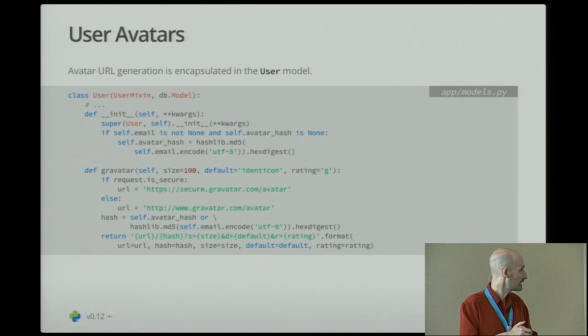And note that I check if the request is secure. That's one thing that the request object from Flask tells me. So if I'm viewing this on secure HTTP, I return the secure version of the avatar, because browsers don't like when there's a mix of secure and non-secure. So you have to comply with the protocols.